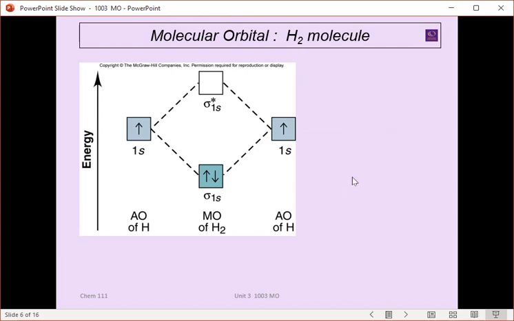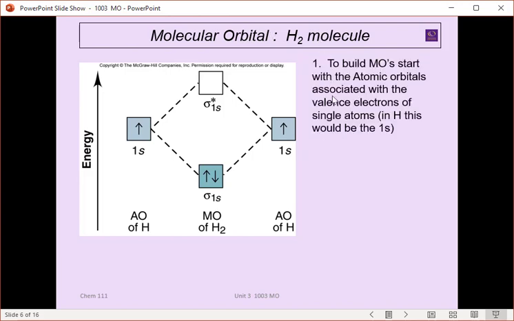So here's an example. So here's the H2. I'm going to show you how to do this with molecular orbital diagramming. So the first thing you do is you build the molecular orbitals, start with the atomic orbitals. So each hydrogen brings in a 1s. And again, you just focus on valence electrons.